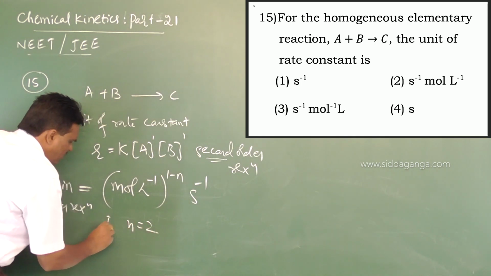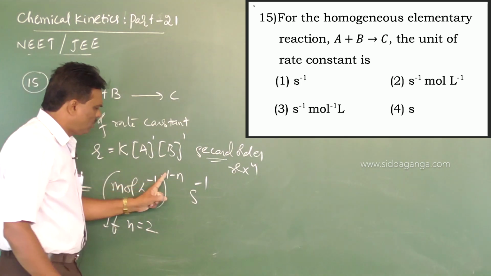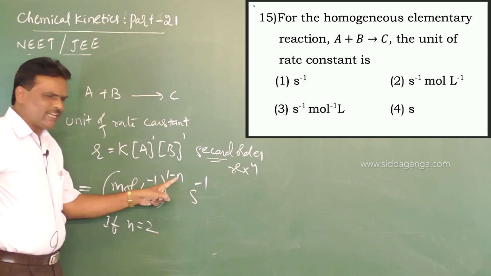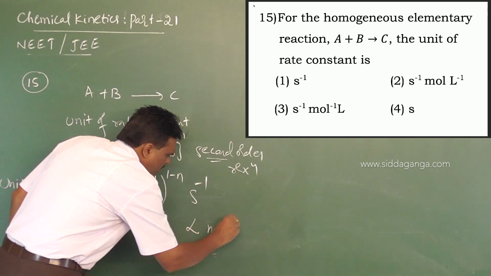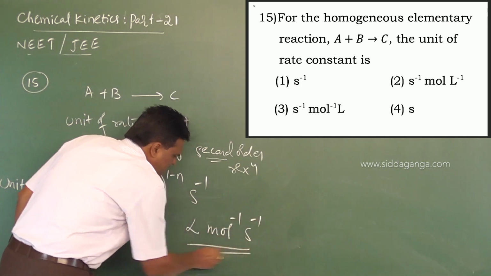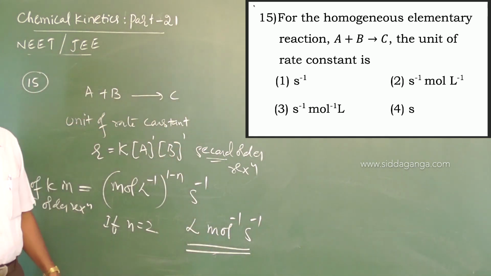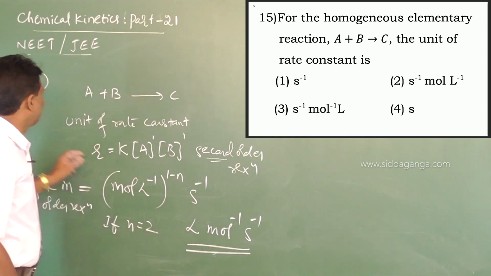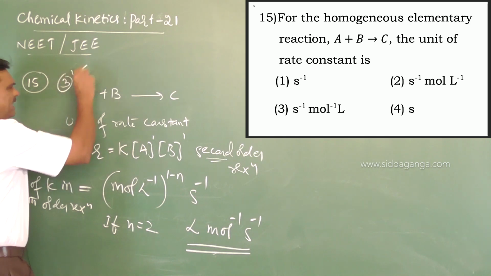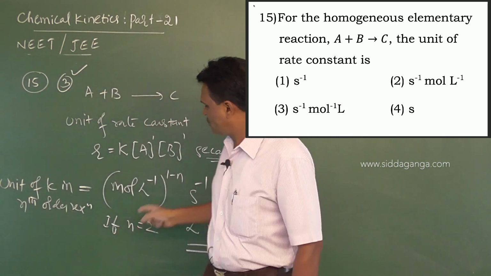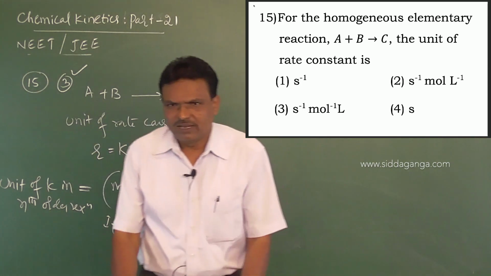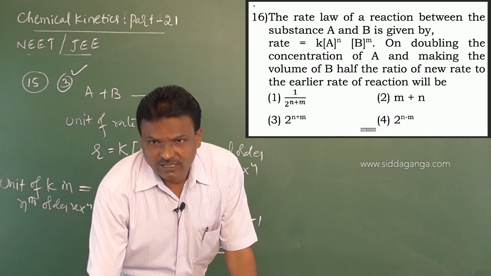So 1 minus 2 means minus 1. In such cases, it is liter per mole per second. So this is the answer, liter per mole per second. Your answer is the third option. Is it clear? Next question, question number 16.